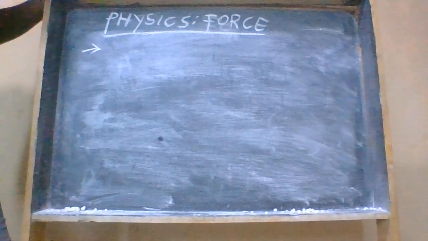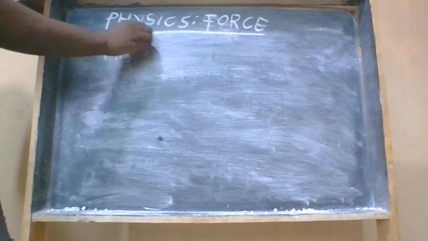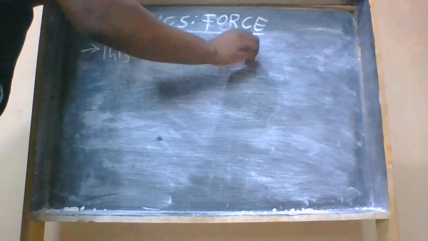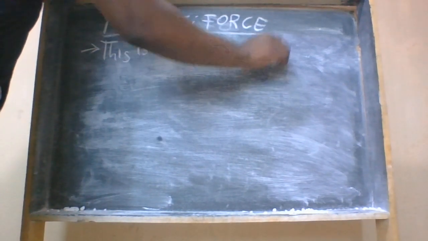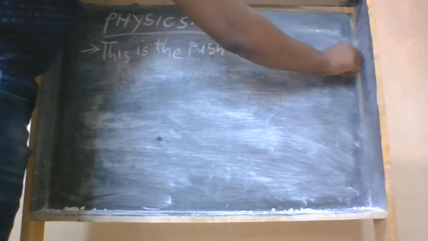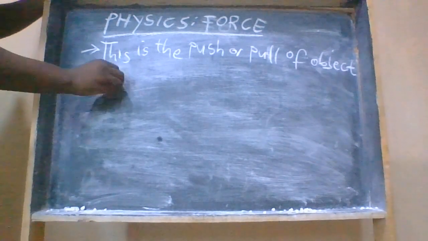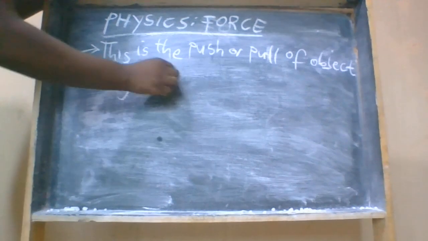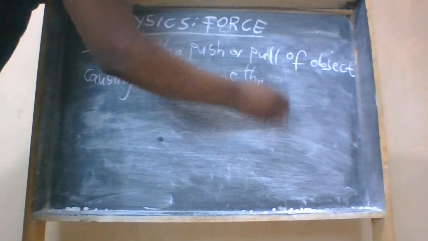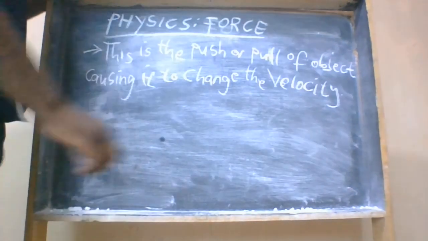By definition, we can easily say this is the push or pull of an object, causing it to change its velocity.